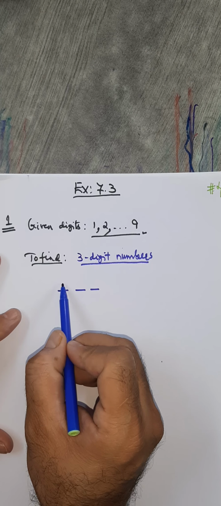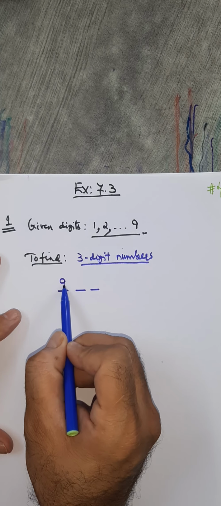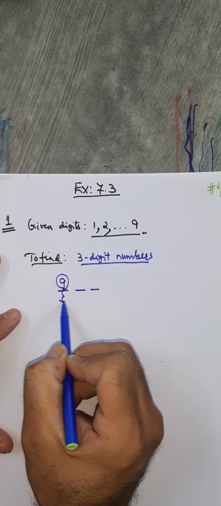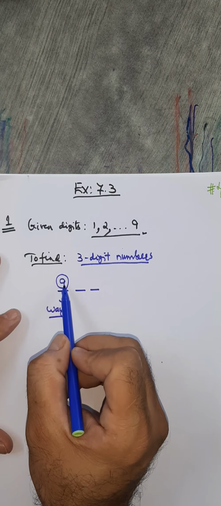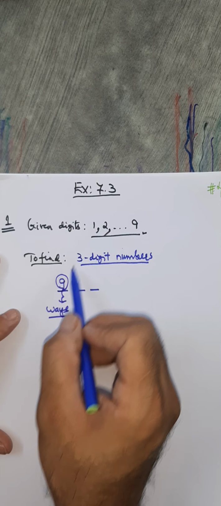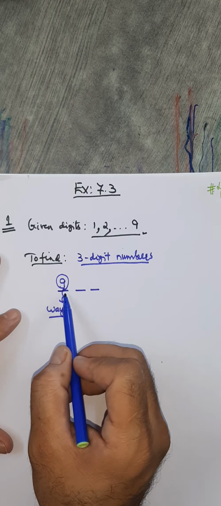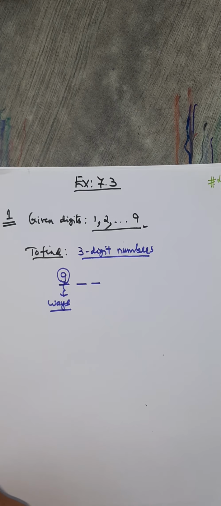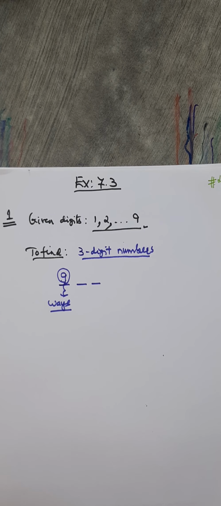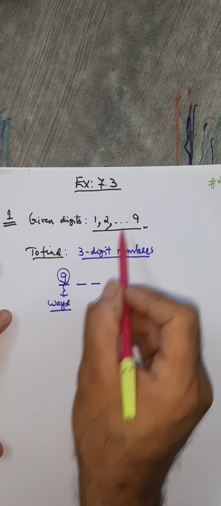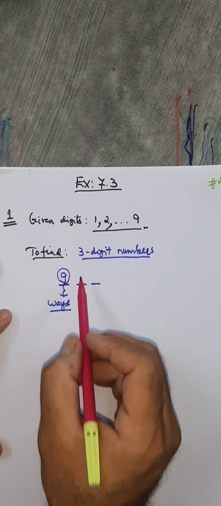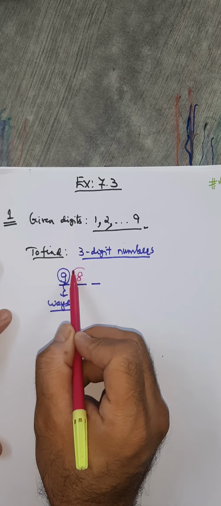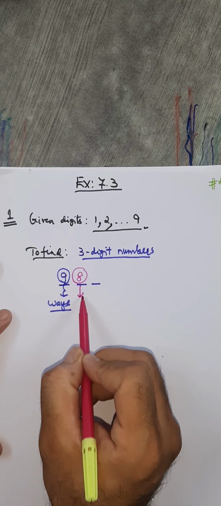For the first position, this can be filled up 9 ways using any one of the given digits. You can put 1 here, 2 also, 3 also, 9 also, so 9 ways. Okay. One position is filled. Now 1 digit you already used out of this 9. You are left with how many digits? 8 digits. So this can be filled up how many ways? 8 ways.